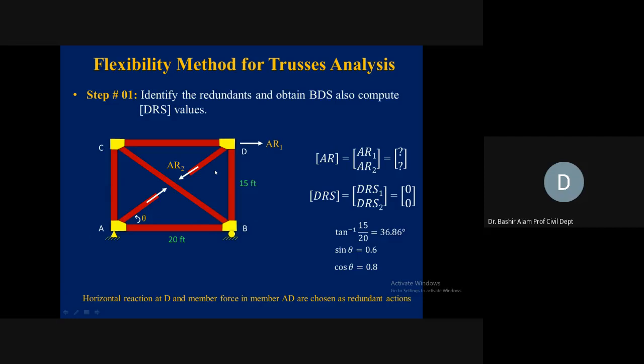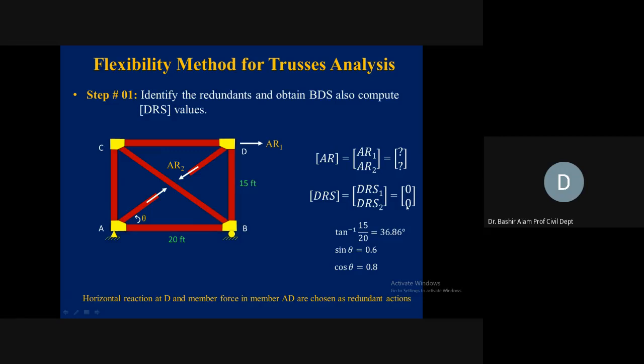These are our redundant actions now. Now, if we remove these two redundants, our structure becomes a primary structure, which is a released structure and a basic determinate structure. So here we declare them equal to unknowns, DRS1 and DRS2. Corresponding to AR1, we do not have any translation, so it is 0. AR2, we don't have any, so it is 0.